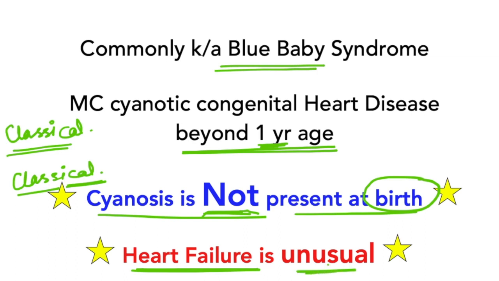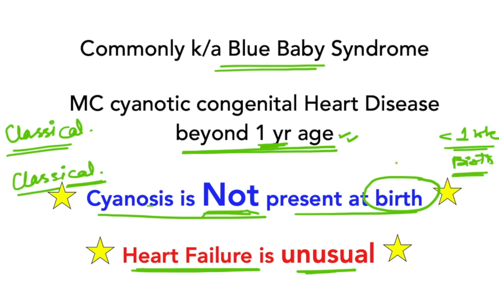Now we just saw that tetralogy patients do not present with cyanosis at birth. Now the question arises: which is the most common cyanotic heart disease at birth or in the first week of life? So this was beyond 1 year of life. If a patient presents with cyanotic heart disease and the age is less than 1 week, or the baby has cyanosis at birth, what is the most common cause?